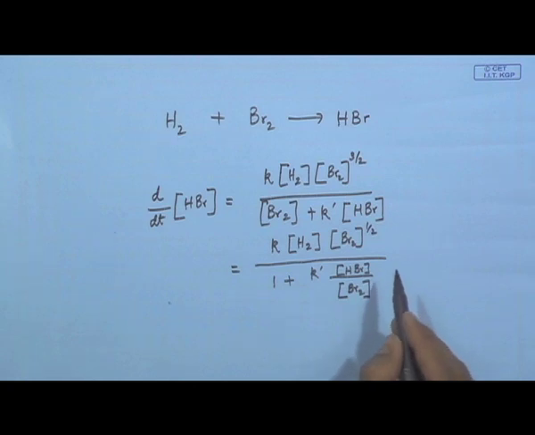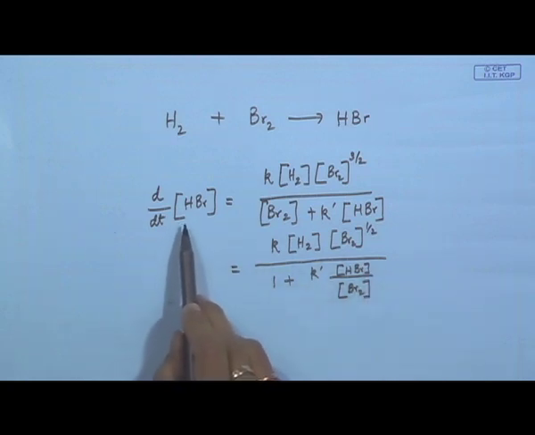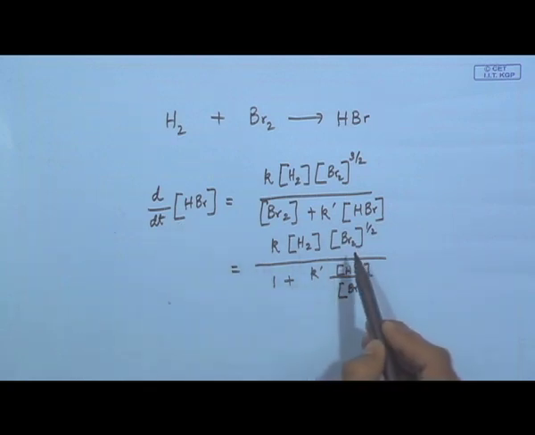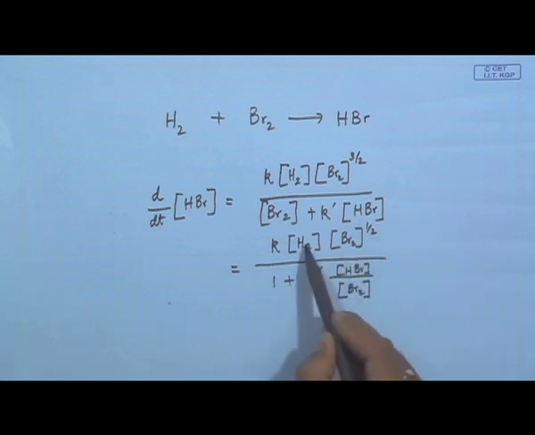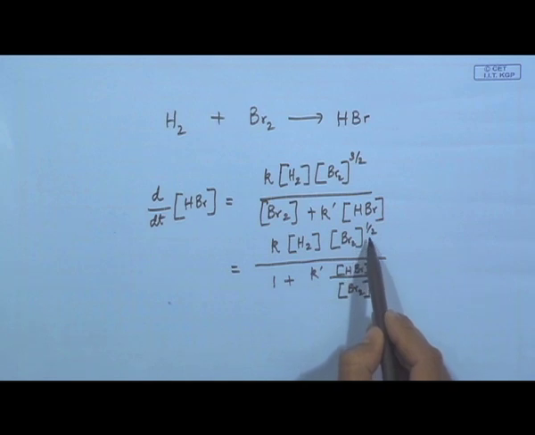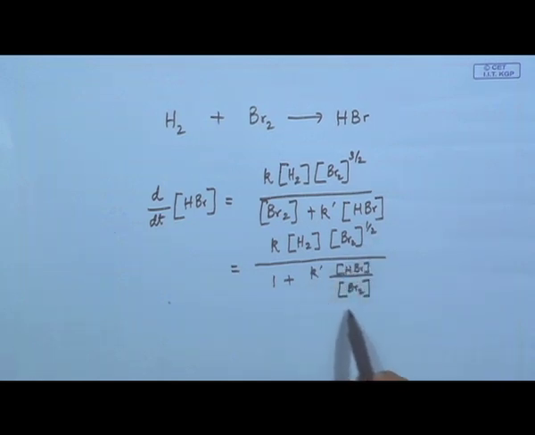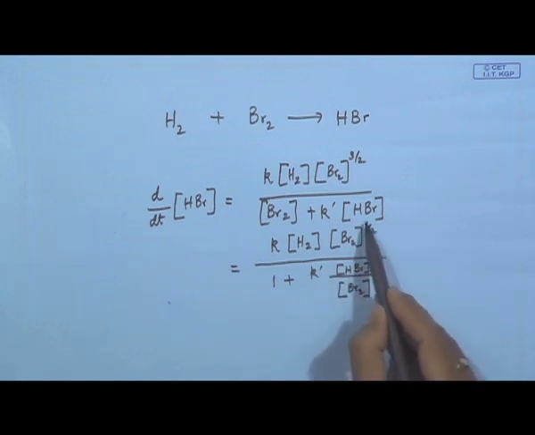So, you see that this rate of production of HBr is proportional to the concentration of H2 and it is Br2 to the power half. So, it is fractional order. If you neglect the denominator, or maybe if you do not think right now about the denominator, the numerator you see has a power half dependence.